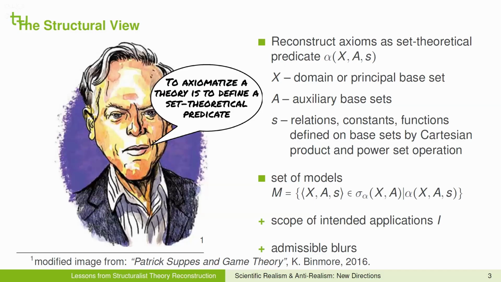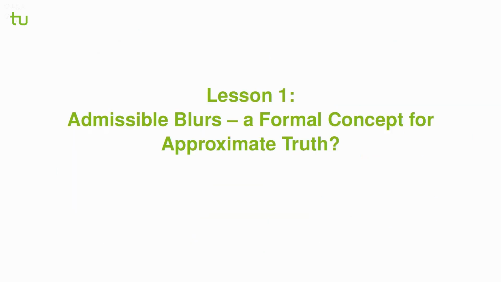So the idea, which I will introduce later, is that for every structure here, we will have a kind of blur that's based directly on the theory and the idealizations in the theory, and so it provides us with a metric or topology which will help us to define what close enough and good enough mean. So that's why I'm a strong supporter of this view on theories. Okay, let's go to the first lesson.